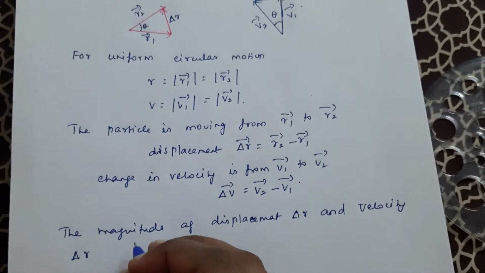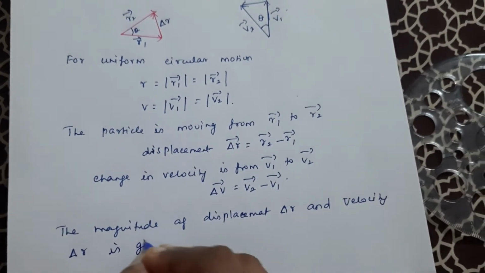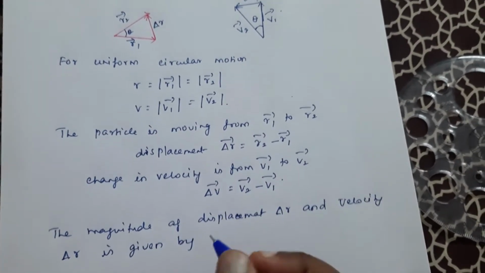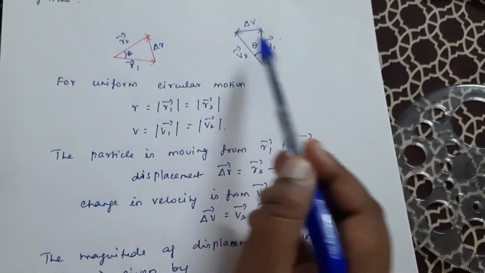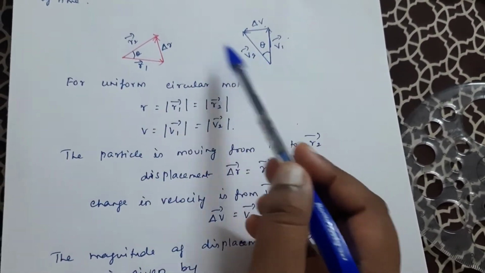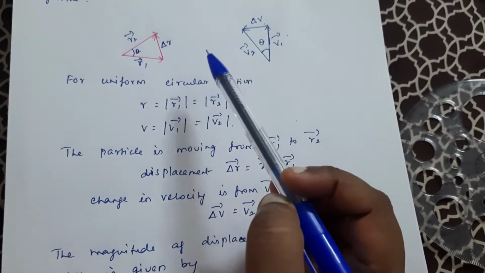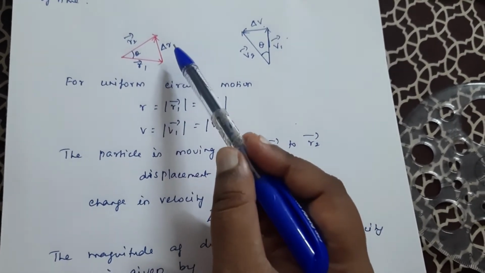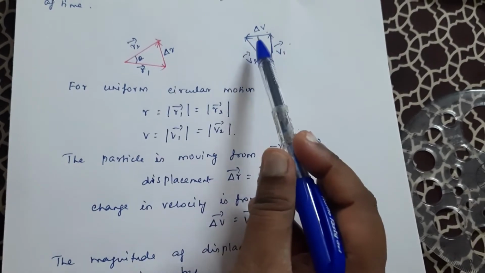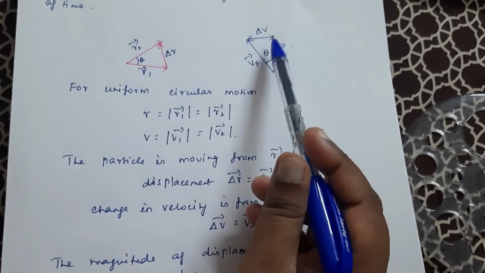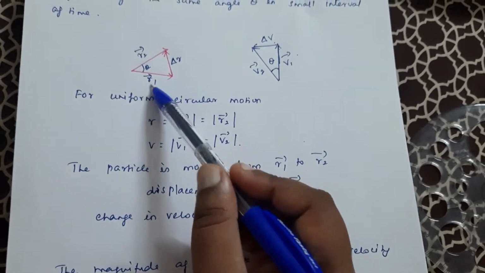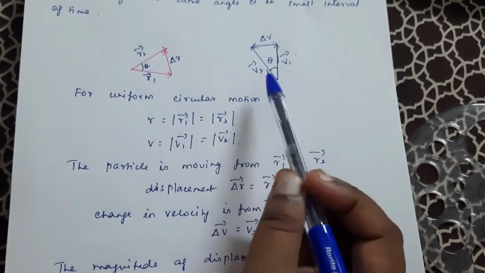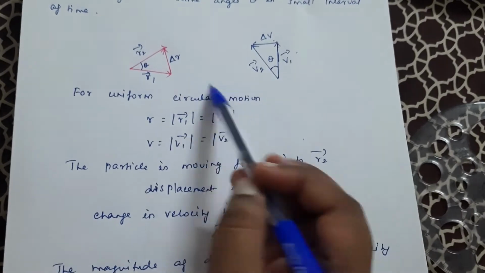Here these two triangles are similar triangles. So we can write that this vector is equal to this vector. Similarly, for the sides, r1 corresponds to v1.